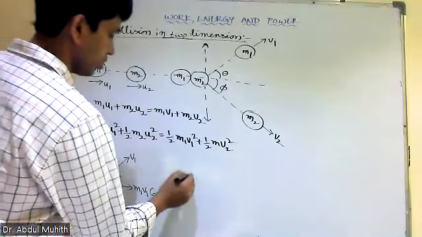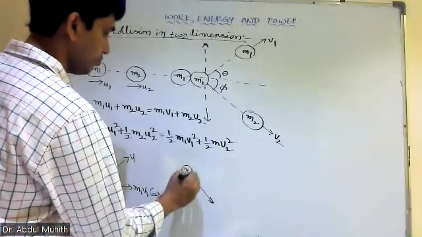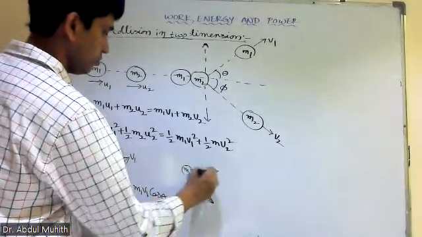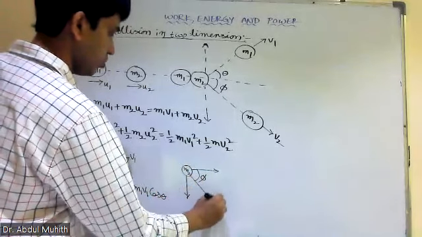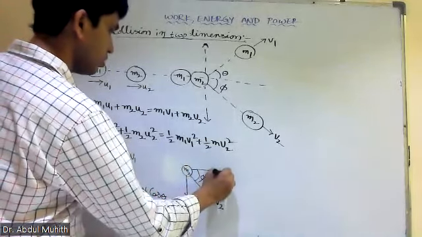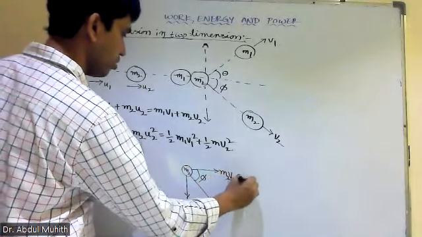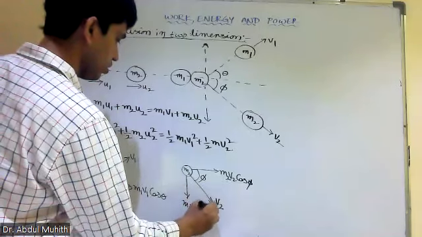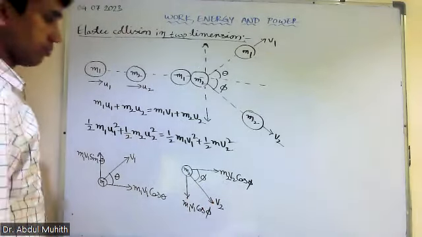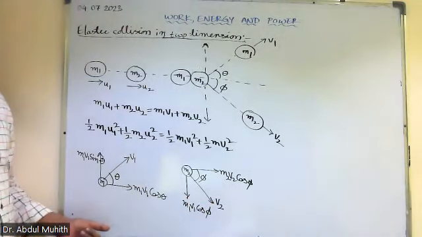Similarly, for this body, this is M2, this is phi, this is V2, M2 V2 cos phi. So we are only taking the horizontal components first. We are not going to take the vertical components yet.